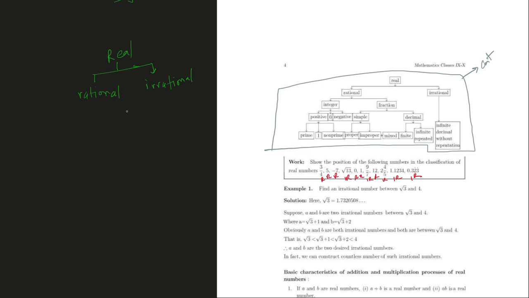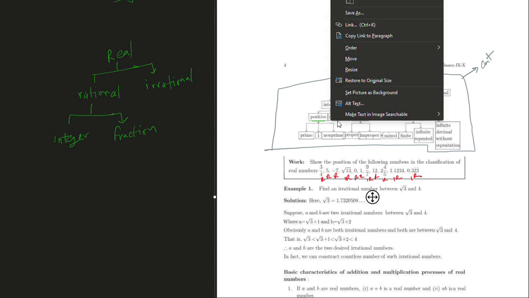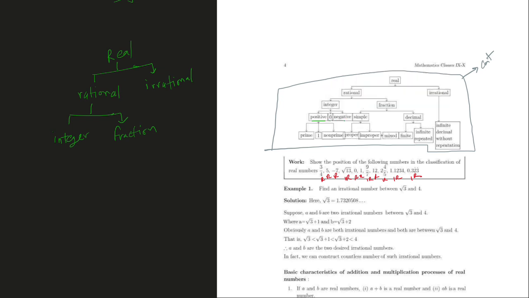From rational we have integers and fractions. From integers there are positive, zero, and negative, so there are three kinds. From integers we get positive, zero, and minus, which is negative.